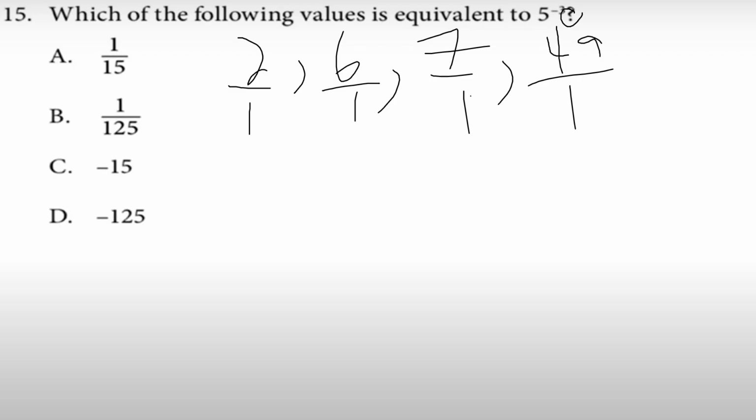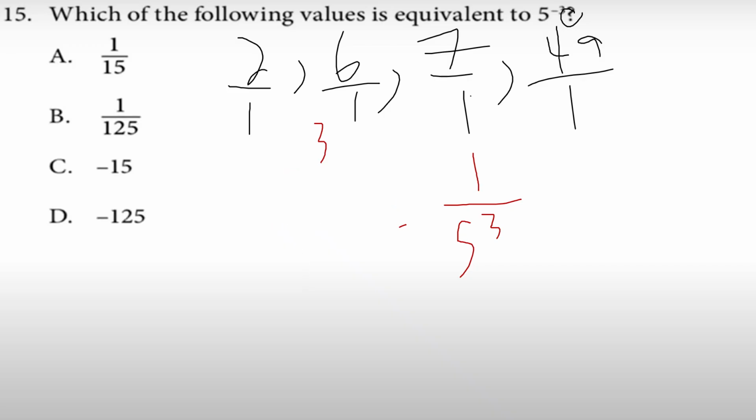So it would be 5 to the 3rd power over 1. But when you have a negative exponent, that means that you have to flip that fraction. So when you have that negative exponent, it becomes 1 over 5 to the 3rd power. So that's why I went over that first part where I told you how whole numbers can be turned into fractions. So that explains why we have to flip that.